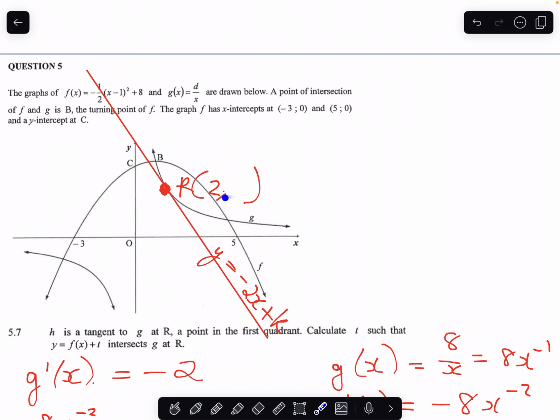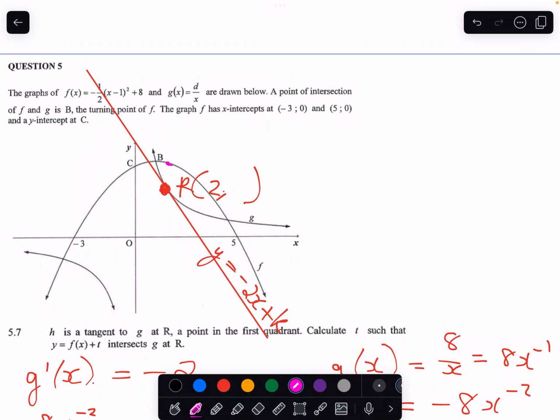Because once I figure out the y coordinate, I can figure out what the gap is. So if I look at the point 2 and something on the parabola, if it's currently at 10 and this guy is at a 7, then I know that my parabola needs to move down by 3 units in order for it to intersect with the hyperbola over there. So that's why I want to find the y coordinates.